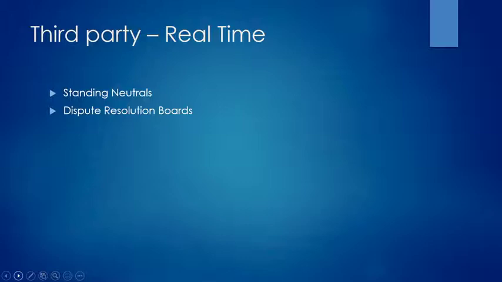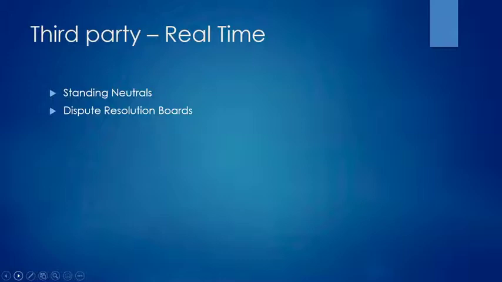A dispute resolution board is a little bit more formal, but we will talk about those options in the context of our scenarios. And I don't think that enough attention has been paid in connection with life sciences disputes to some of these real-time options. Everyone's familiar with third-party mediation after a dispute has arisen, but getting people involved as it's happening, so they know the project and they understand it. As we'll see, we think that that is a fruitful area of inquiry.